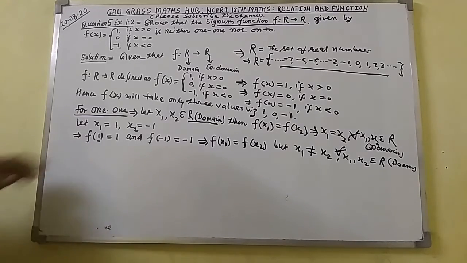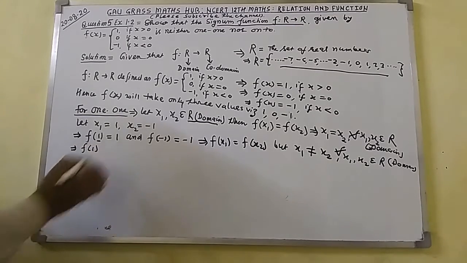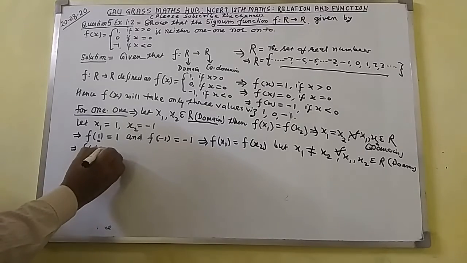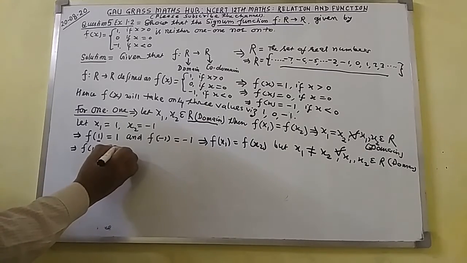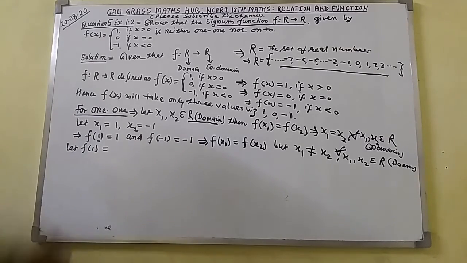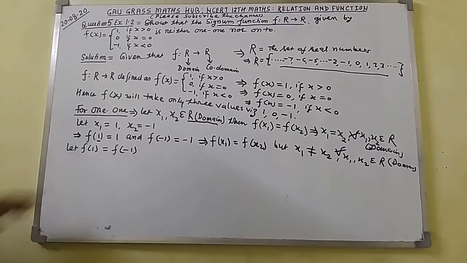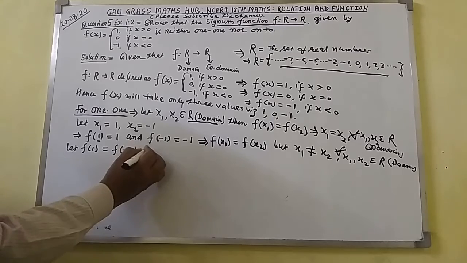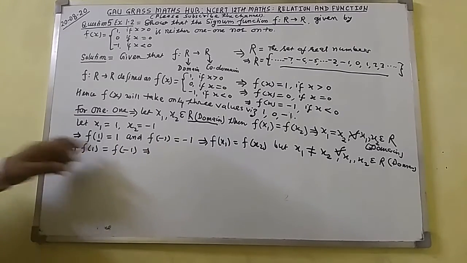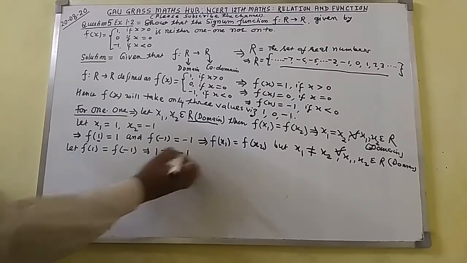So here you have got, let f of 1 equal to f of -1, then 1 is not equal to -1.